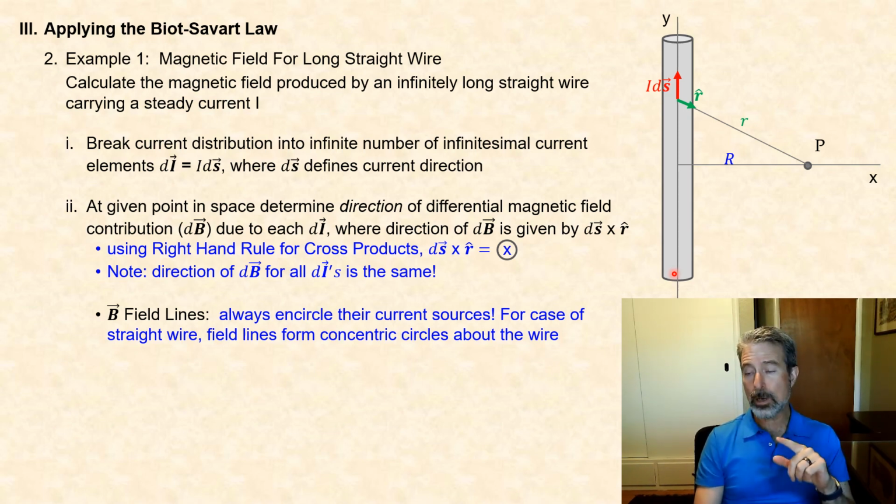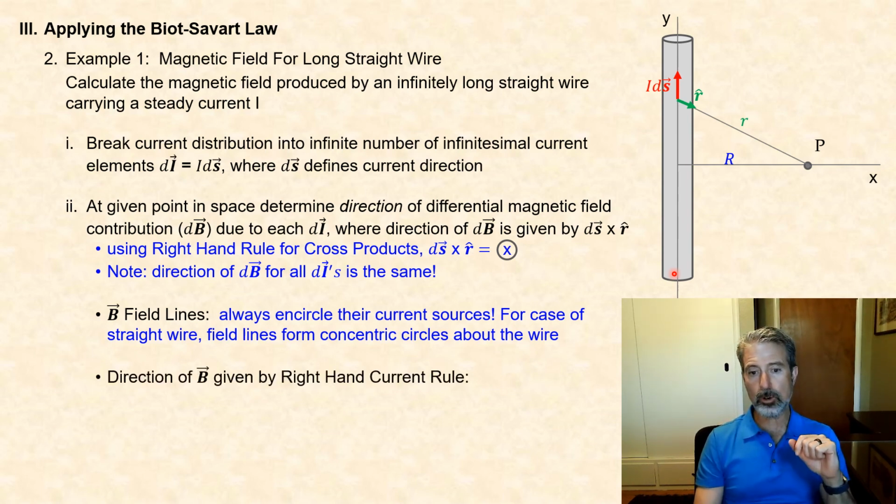So I'm saying that the magnetic field at this one field point P goes into the plane of the paper, but imagine doing that for lots of different field points, and you will see that when we take a 2-dimensional picture and translate it into the 3-dimensional realm, these magnetic field lines will encircle their current sources. And in the case of the straight wire, due to the cylindrical symmetry of the wire itself and the current distribution, we will get concentric circles.